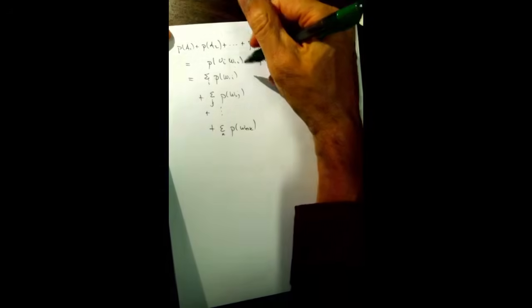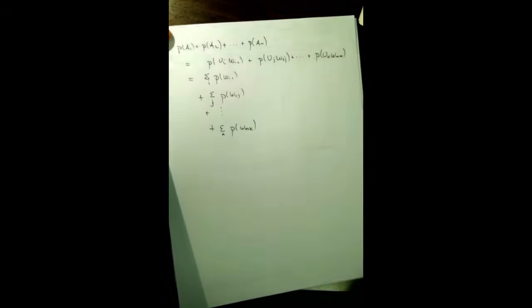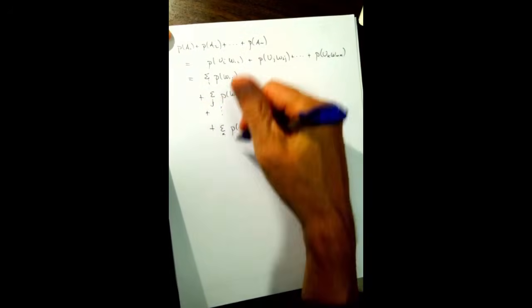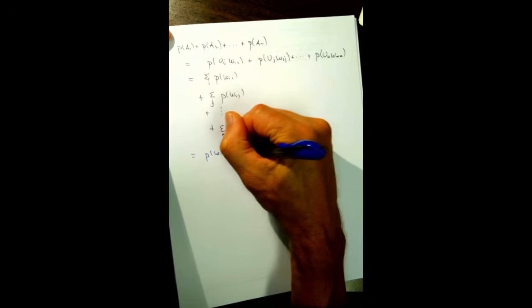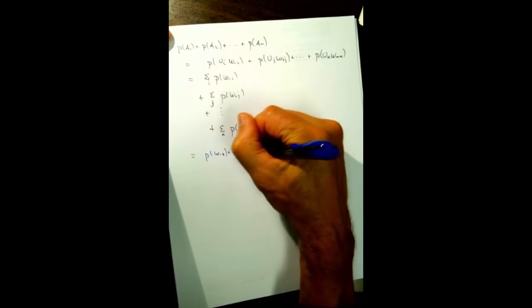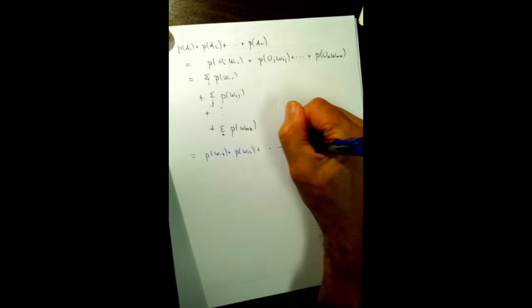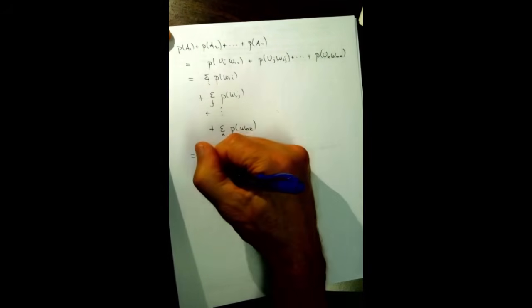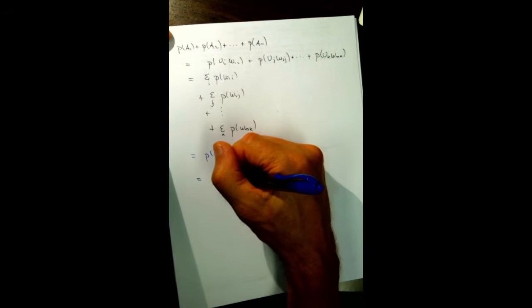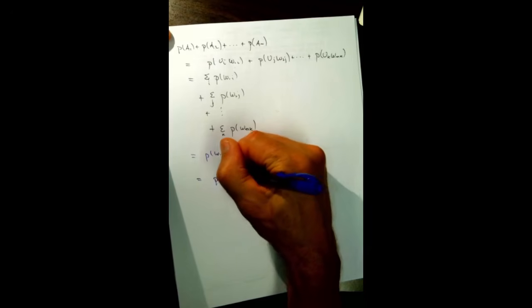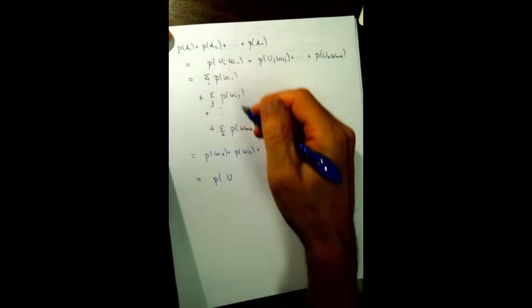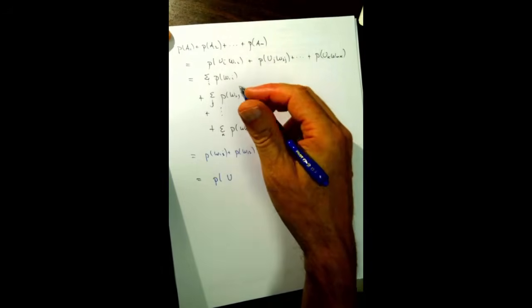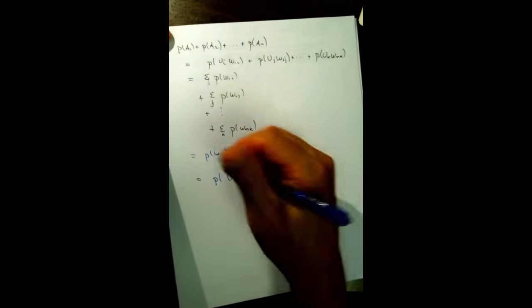And now I can pull all these together in terms of one big huge sum. I take all of these sums together. This is going to be equal to the probability of the union of all of these W's, because all of these W's are disjoint, because the A's are disjoint.